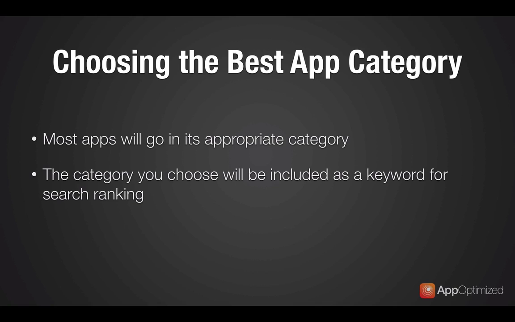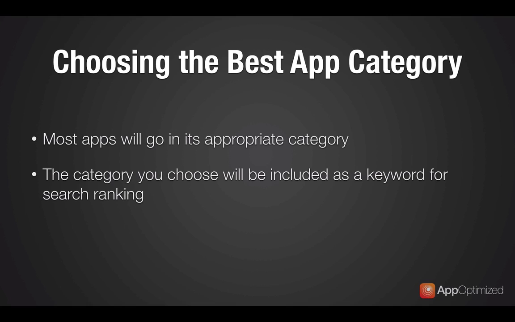And just as a side note here, the category that you choose will be included as a keyword for your search ranking. So like I said, if you have a photo app and it goes under photo and video, then you'll have photography or whatever that category name included as one of your keywords that will be included when people do a search for your app. And so the same would go if you put it under productivity and someone searches for, for example, the signature app that I was demoing earlier.